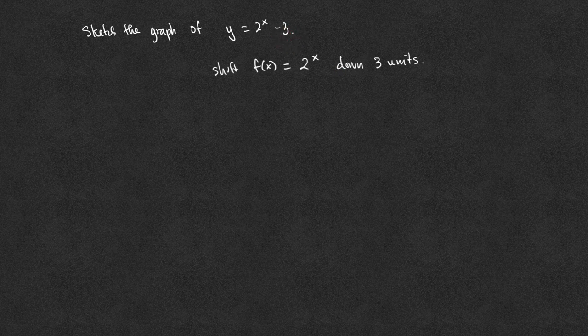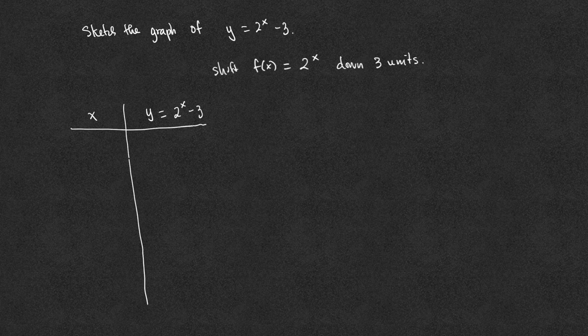Alternatively, we can make a table of x, y values and plot the points and then sketch the graph. Usually we make a table with 2 columns, x column on the left and the y column on the right. The domain of an exponential function is the set of all real numbers, so we can use any numbers.